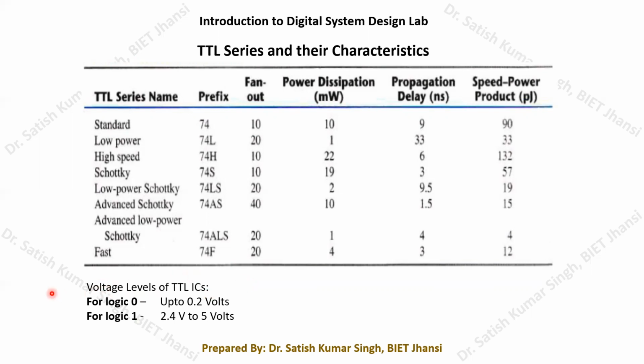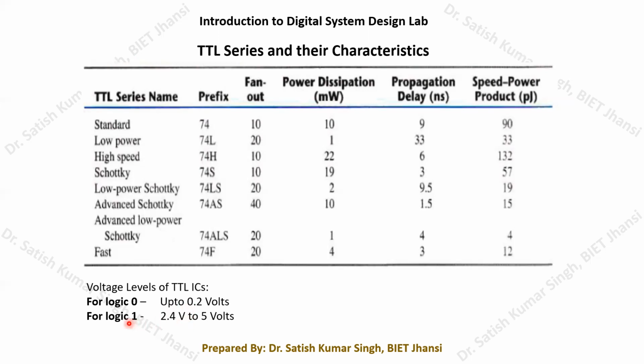In the case of a TTL IC, if you want to give a logic 0 as the input, the low level voltage, then any voltage up to 0.2 volt, or it may be 0 volt, or some negative voltages, can be treated as a logic 0.